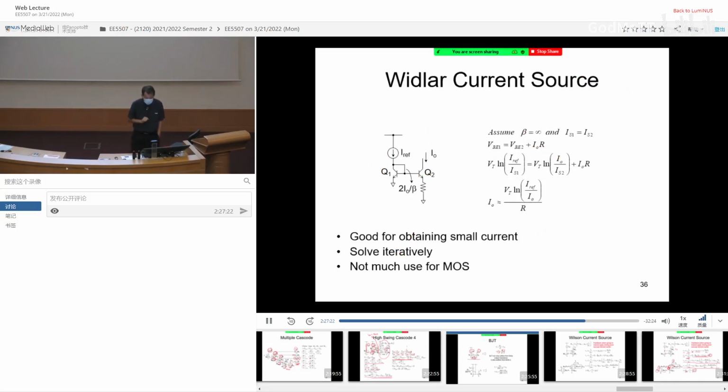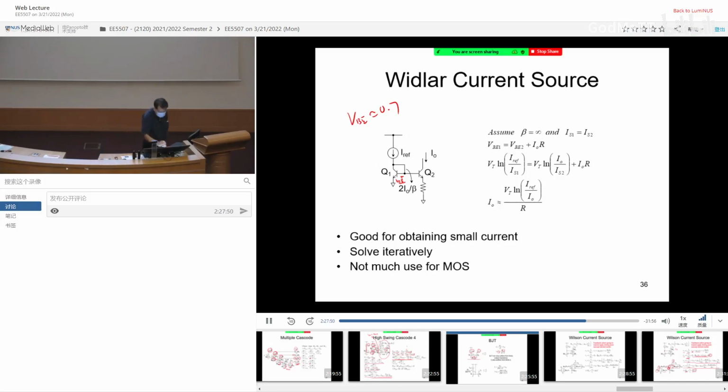Now the Widlar current source is commonly used if you want to get very, very small current. It actually doesn't give you the exact solution. You have to do iteration or simulation to get it. So the key idea is very simple. One side you have the VBE. VBE usually is very small, about 0.7. So you apply this 0.7 volt, spread it across another VBE and the resistor.